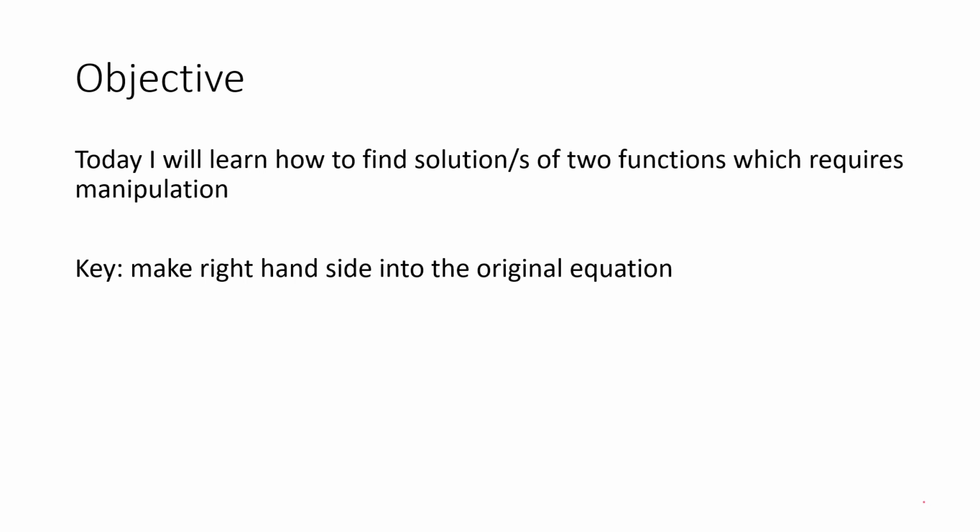The idea here is, let's say the original is x squared plus 2x. Then they will give you x squared is equals to something. You see, this is the original, and you are going to make x squared into this.